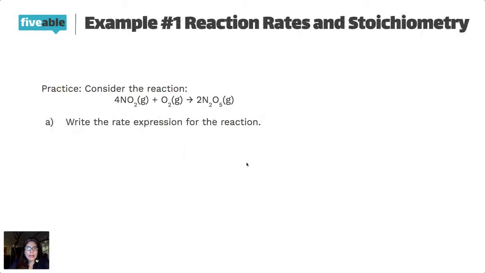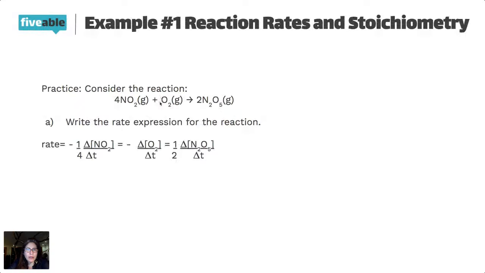So for the rate expression, remember, the reactants are negative, so we use the reciprocal of the coefficient: negative 1/4 of the change of concentration over change of time of NO2 would be the same as the rate at which oxygen will be disappearing.